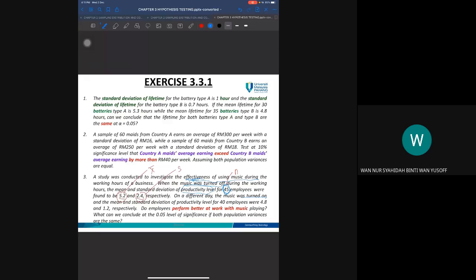Okay, so the 40 here is the n for music on, and when the music is turned on, 4.8 is your X bar and 1.2 is your S.